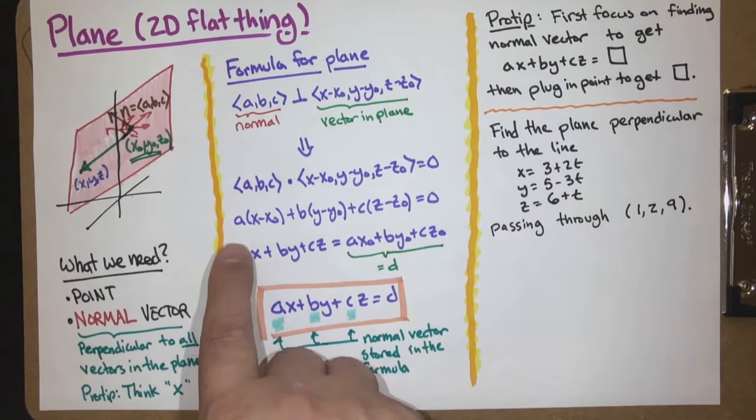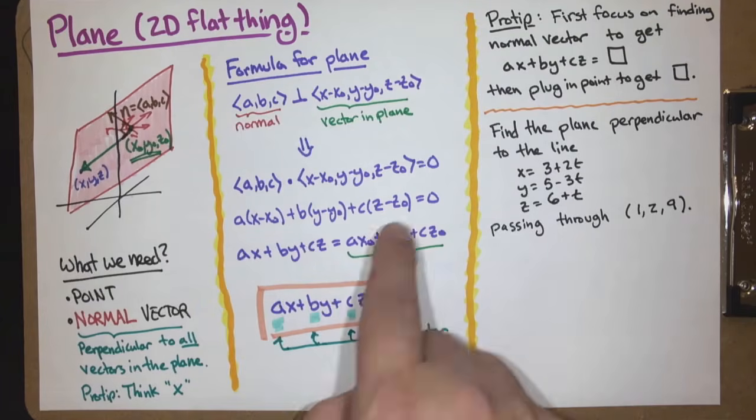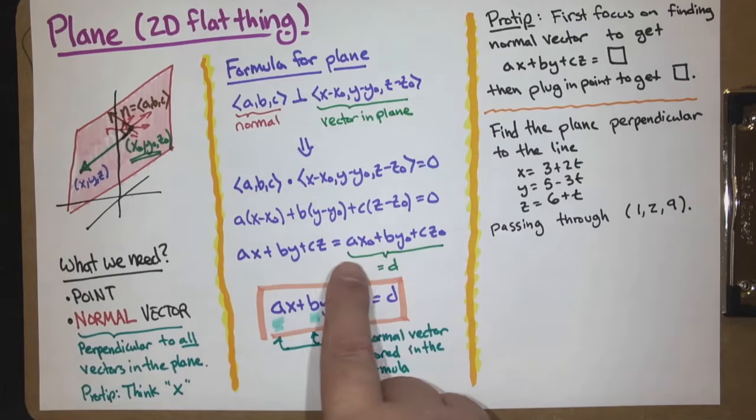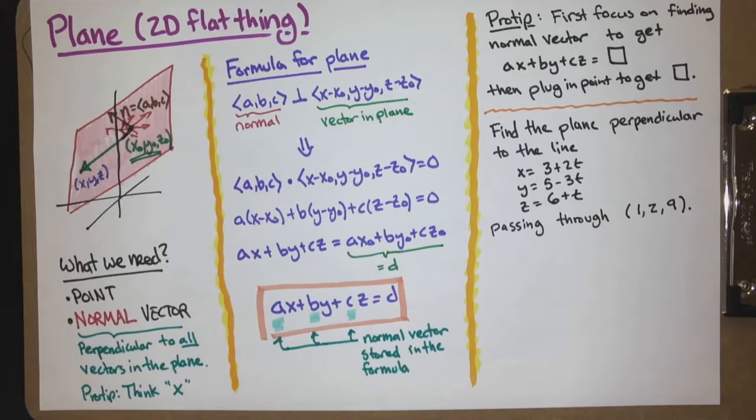Well, you do some rearranging. You can distribute the terms through and move things around. You get ax plus by plus cz equals a bunch of numbers. You say, okay, just collapse those bunch of numbers. We call it d. So the generic form for a plane is ax plus by plus cz equals d. That expression is unique up to multiplying both sides by a constant.